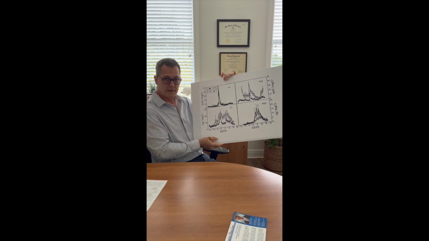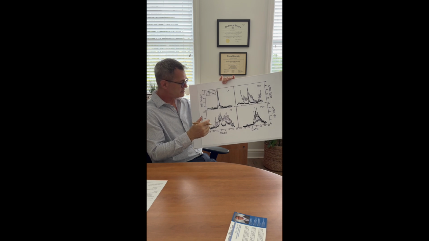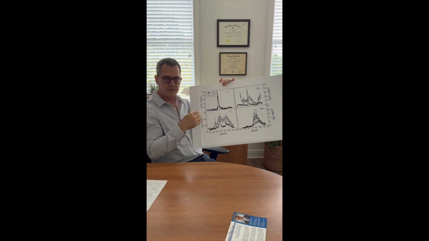But my favorite thing, and the most elegant solution to a lot of this chaos, if you will, is to take the whole system offline. How do you do that? Well, one way to do that is birth control pills.